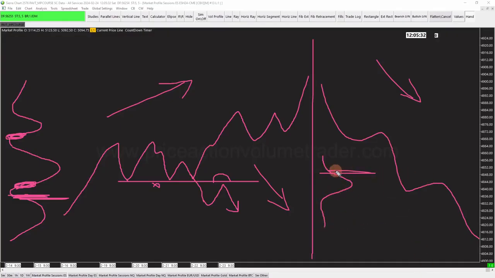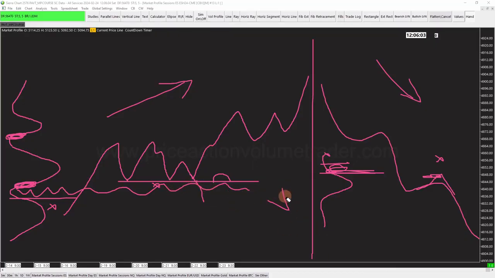Then we want to be getting short on pullbacks into the top edge of this high volume node, because this also helps us define our risk very well, as we place our stops just beyond the low volume node area. So for example, if we're going to get long on these pullbacks, then our stop loss would go just beyond this low volume node protection that we have right over here.